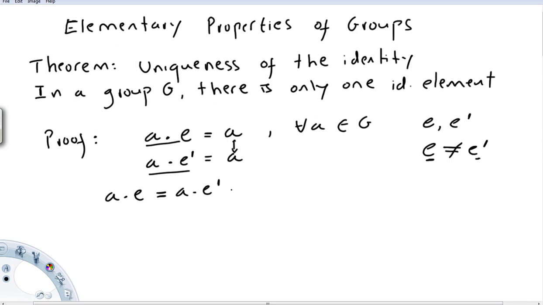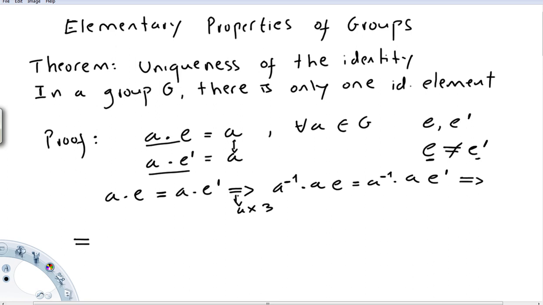Okay, but this is a group, right? In a group, every element will have an inverse. So I'm going to multiply on the left by the inverse, A inverse times A E. This is by axiom 3, there is an inverse.